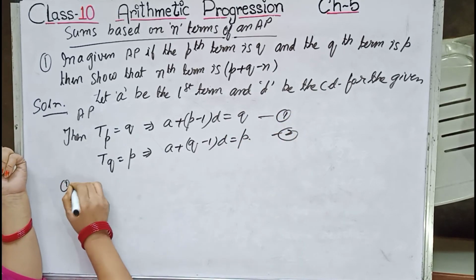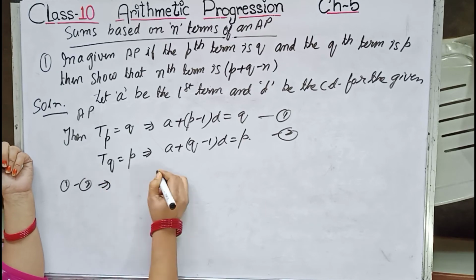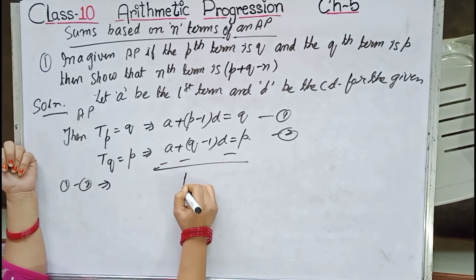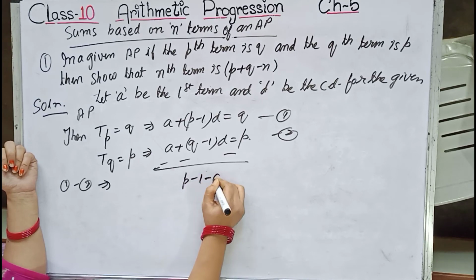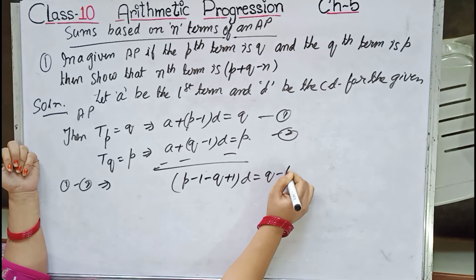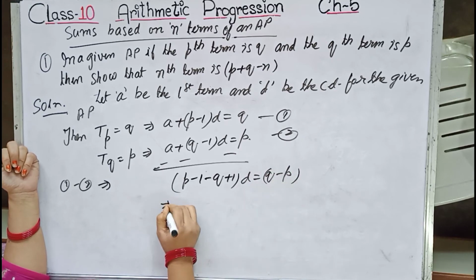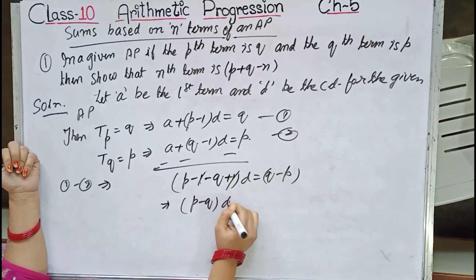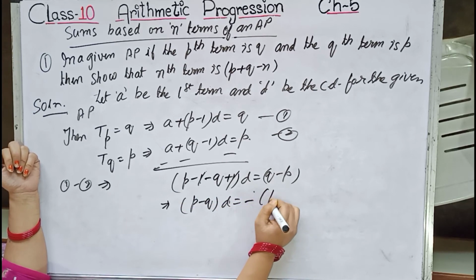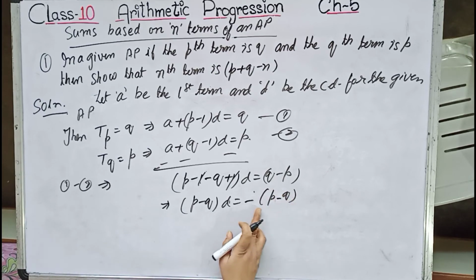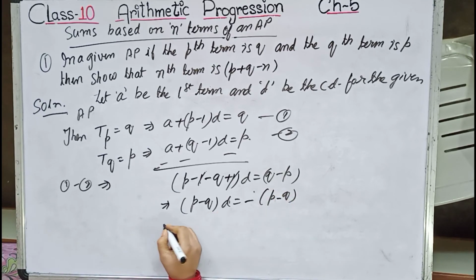Now equation 1 minus 2 implies p minus 1 minus q plus 1 into d equals q minus p. This implies p minus q into d equals minus of p minus q. I have to take the minus outside because this p minus q I can cancel.